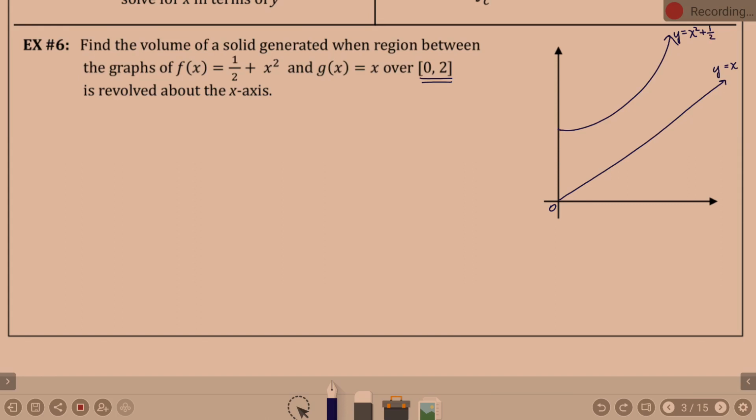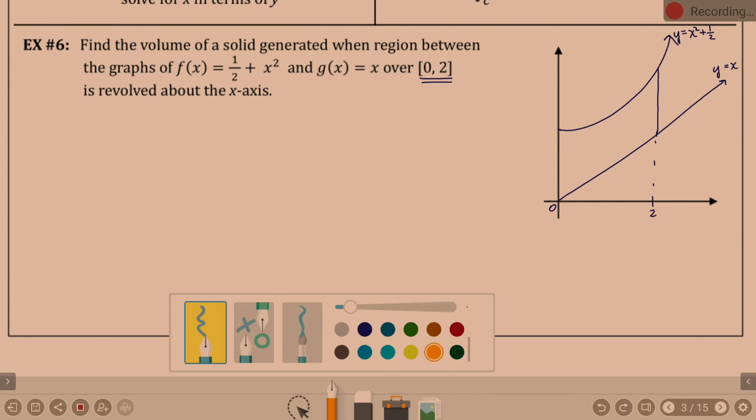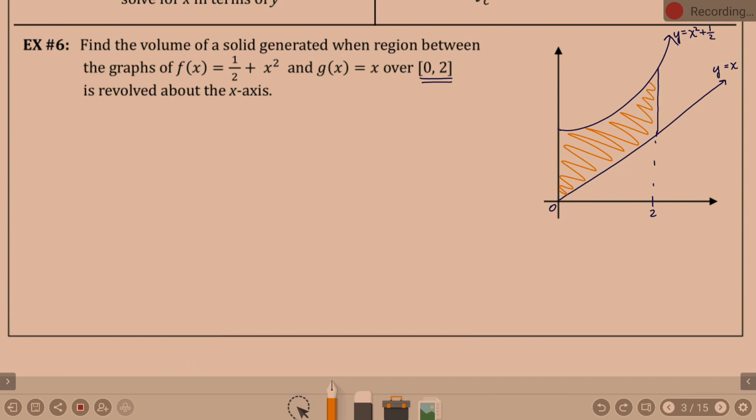And we're going from 0 to 2. So what's that going to matter? It doesn't say you have to draw the line there, but it's that section there. So we're going to take this and rotate it about the x-axis.